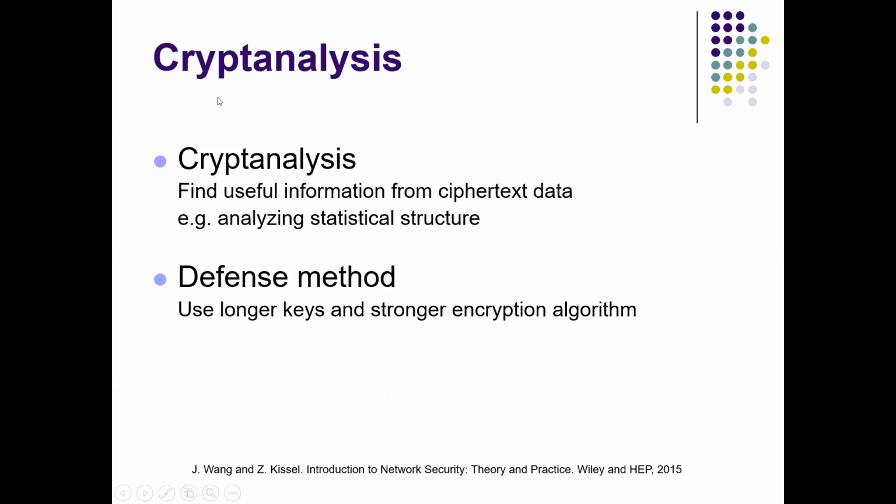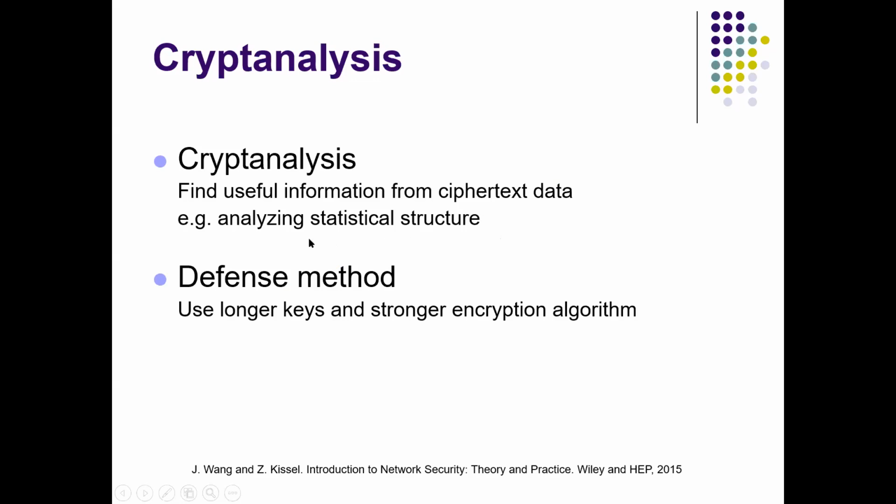The next attack is cryptanalysis. This attack is targeted at the underlying encryption algorithms and key generation algorithms and management. The purpose of cryptanalysis is to find useful information from encrypted data.